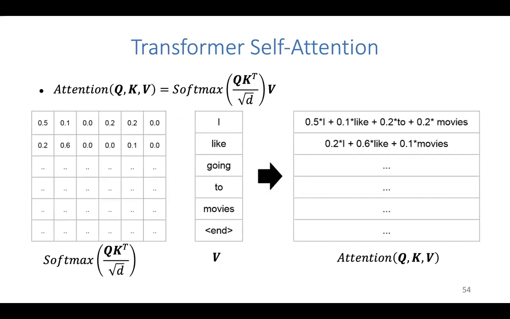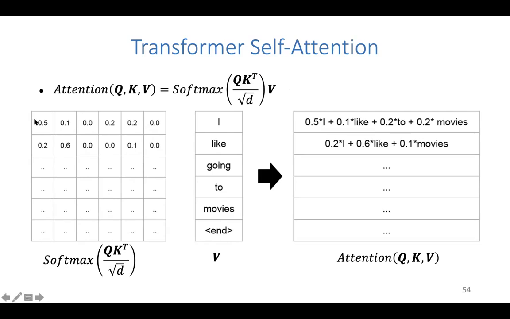So transformer self-attention, the so-called QKV operation, or the scaled dot product, looks like this. There's softmax of QK transpose divided by the square root of the dimension size, and this is multiplied by the value matrix. So if we consider there are 6 tokens in your input, I like going to movies, termination symbol, then this part, softmax QK transpose, is how you produce a normalized adjacency matrix or normalized attention map.